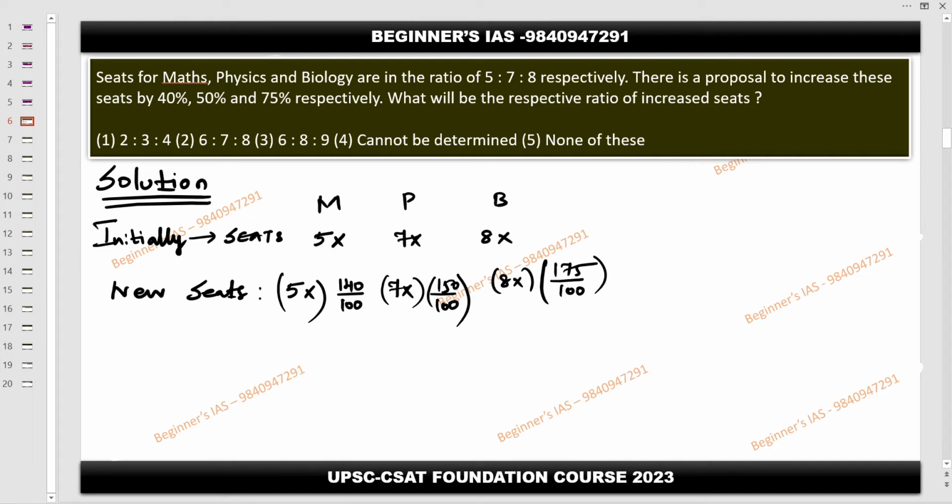This is going to be the required ratio. Everything contains 100 in the denominator, so eliminate that 100. Now 5x into 140, 7x into 150, 8x into 175, that is going to be your answer.